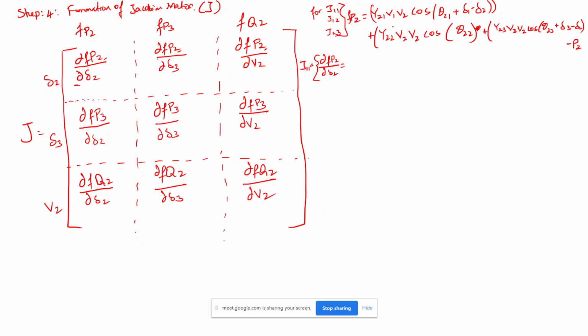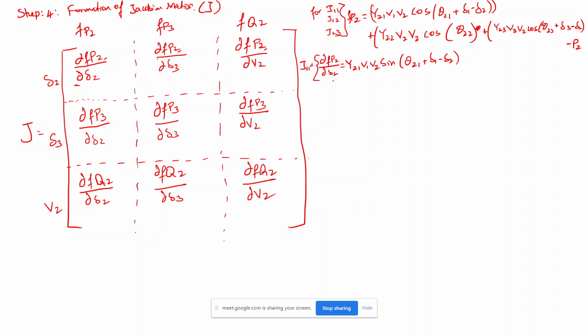It will be Y21 V1 V2 sin theta 21 plus del 1 minus del 2. Because this cos gives a minus sign and already one minus is there, multiplying them gives plus, so the only change is that the cos becomes a sine.